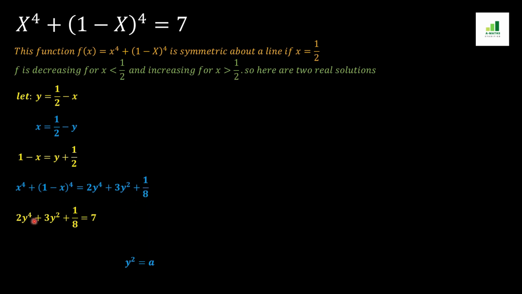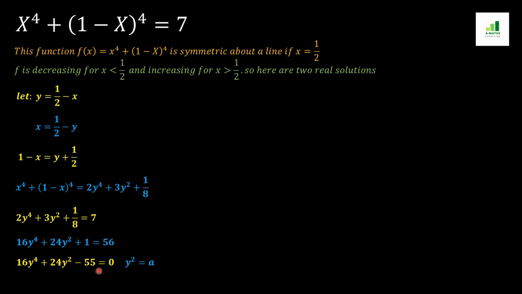Now if we simplify, we will get 16y^4 + 24y^2 + 1 = 56. Now this 56 will move to the other side and become minus 56, and minus 56 plus 1 will be equal to minus 55.